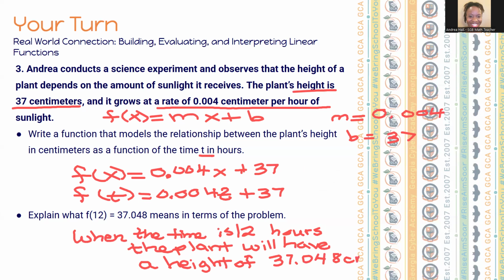I've also seen students say that after 12 hours, the plant would have grown 0.048 centimeters, right?